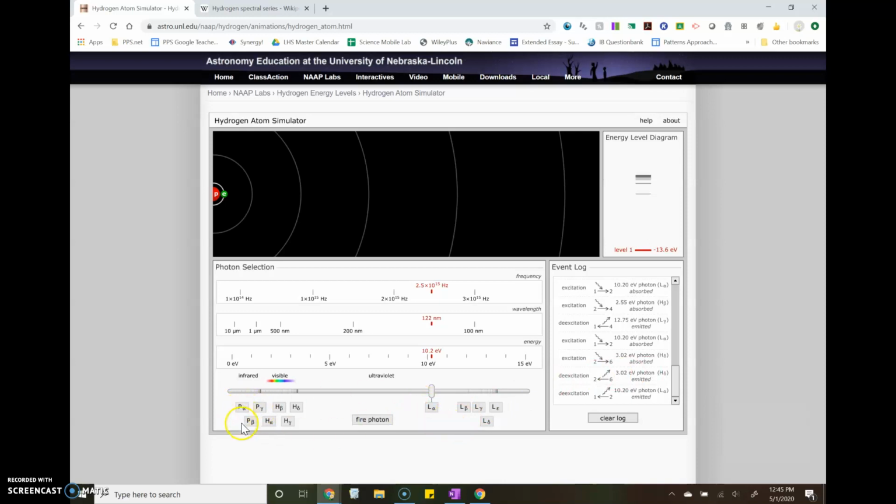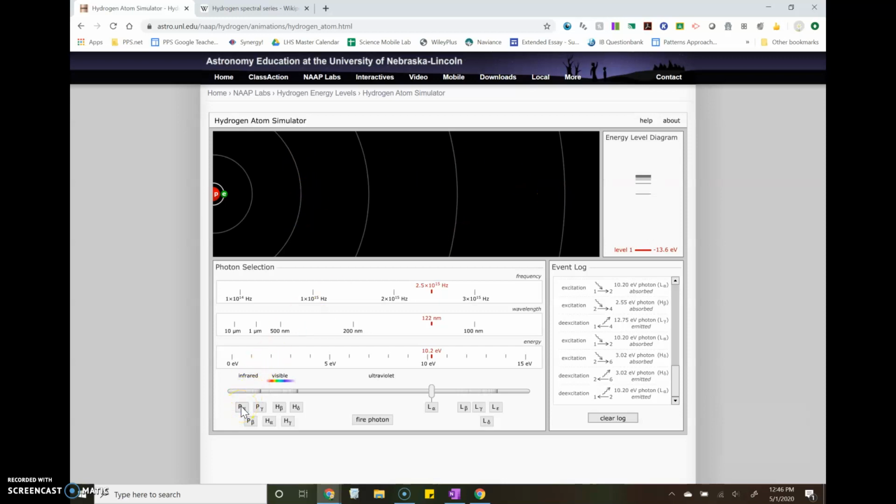Now, these P buttons, what did you notice about those? Well, hopefully you saw that these buttons could excite an electron from n equals 3, this second excited state, the third orbital, up to any other orbital.